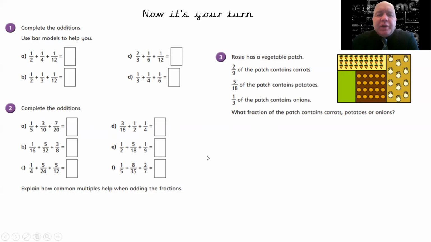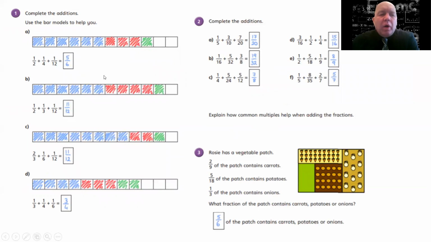Okay, let's take a look. Right, for 1a, turn them into 12ths, and you'll wind up with 9 12ths. No, you won't, sorry. You'll end up with 10 12ths, which will simplify to 5/6. So 6/12, 3/12, plus 1/12 is 10/12, and that simplifies down to 5/6.